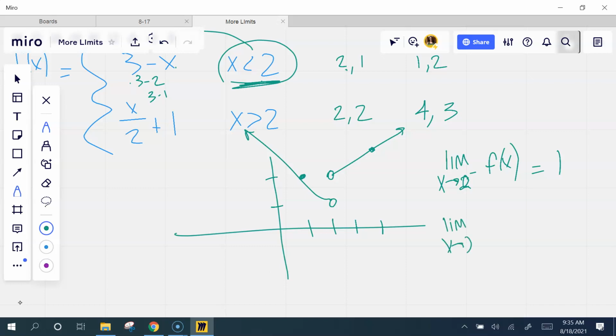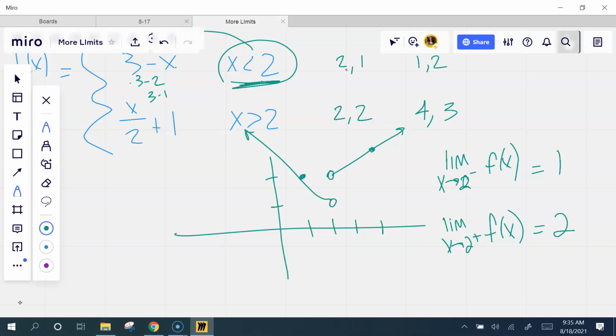How about as you approach from the right? And then part C, I'm not going to write this. We'll talk about it. Does the limit as x approaches C exist? Why? They are different. Are y'all seeing the important part of this section here?